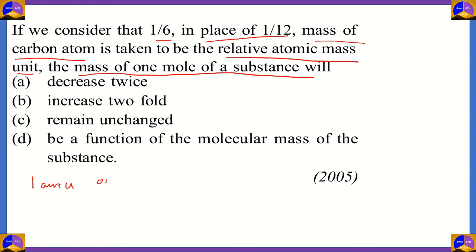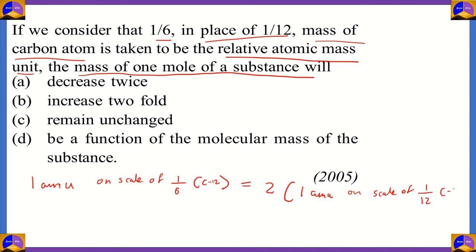So 1 AMU on the scale of 1 by 6 of carbon-12 will be equal to 2 times 1 atomic mass unit on the scale of 1 by 12 of carbon-12. Since 1 by 12 is half as much as 1 by 6, you have to multiply by 2 in order to get the same quantity.